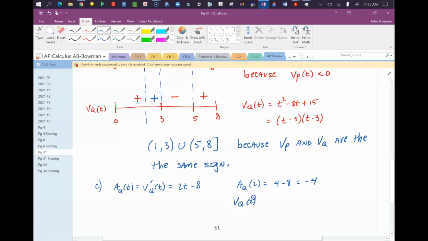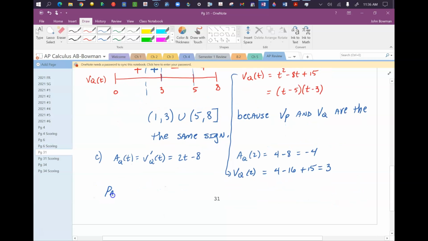VQ of 2 turns out to be, we're getting that from right up here, 4 minus 16 plus 15, which is positive 3.